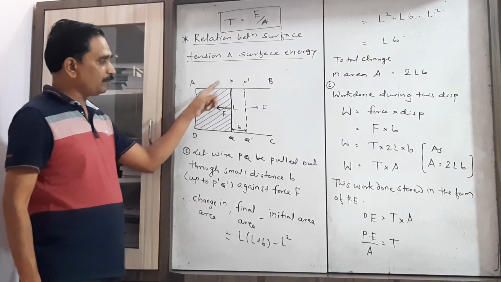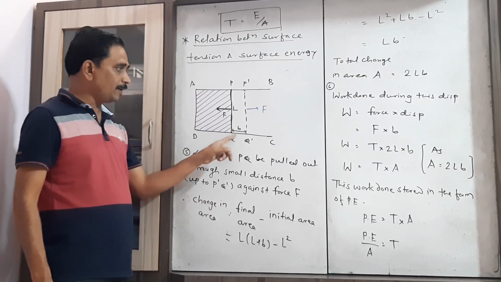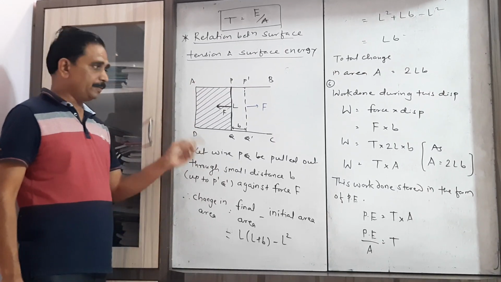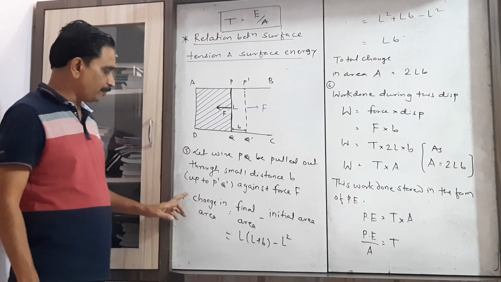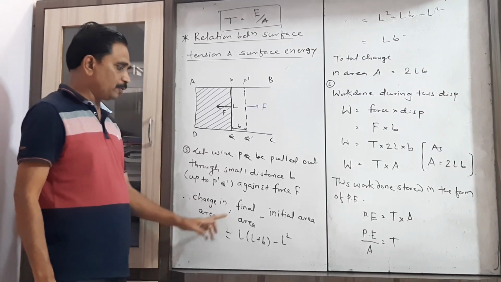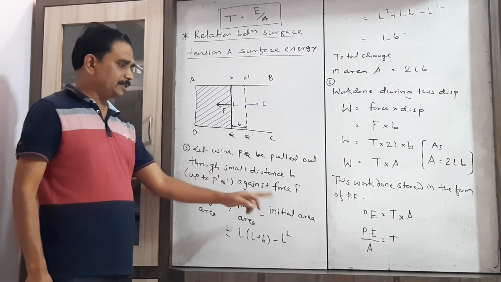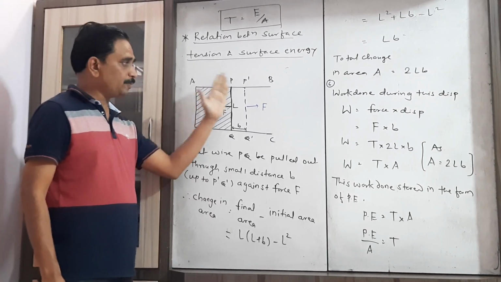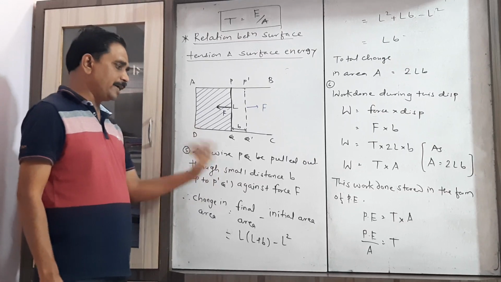Now when we move this wire PQ through the small distance B, there is a change in surface area of this frame. To find the change in area, you have to consider final area minus initial area, because when we move the wire PQ through the small distance B, the surface area increases.